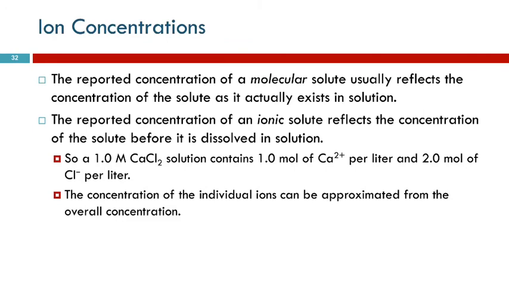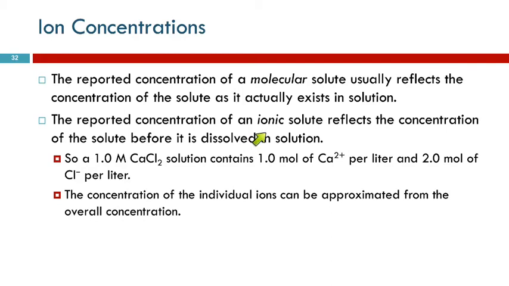When we report the concentration of a molecular solute, that reflects how many moles of molecules are in a given volume, right? Because molecular substances do not separate into ions.